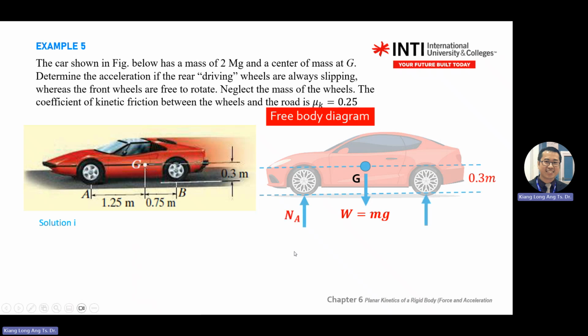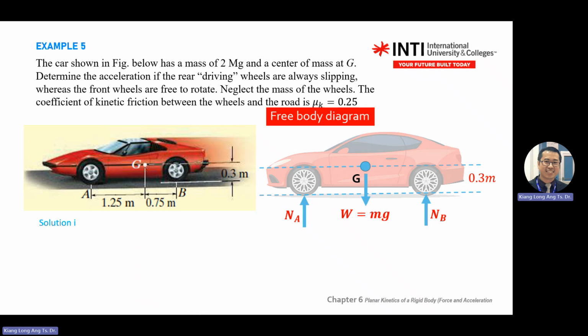Copy all the dimensions. The wheels have contact on the road, so each wheel has a normal contact force, NA and NB. What is the difference from chapter 2? Chapter 2 assumes you only have one contact.